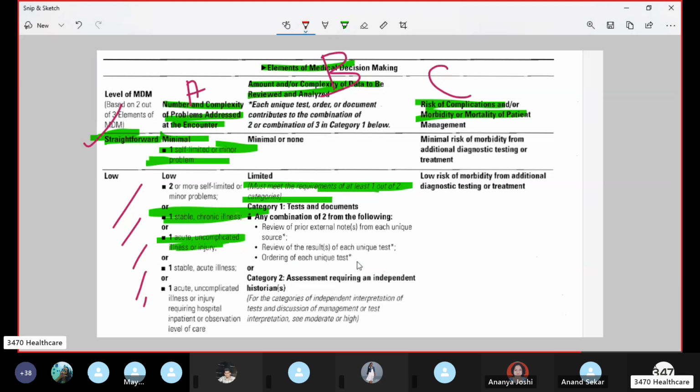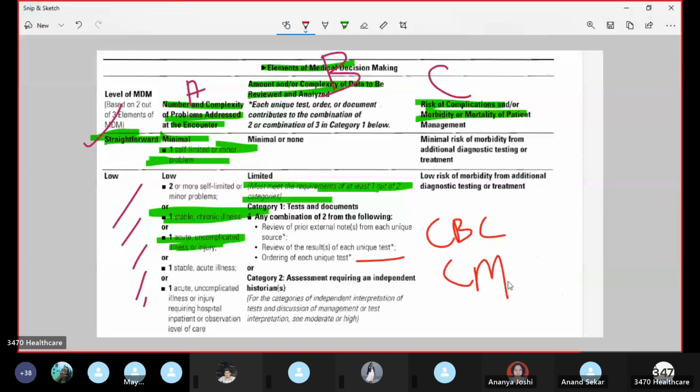Suppose I'm telling order itself, CBC and CMP. My question is, order of the CBC and CMP, is this enough to go for category 1 or not?